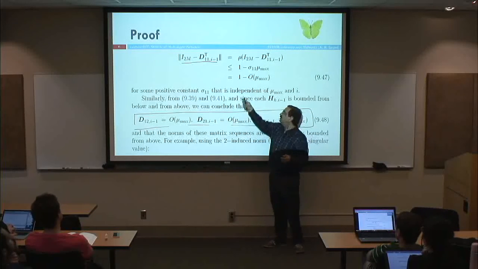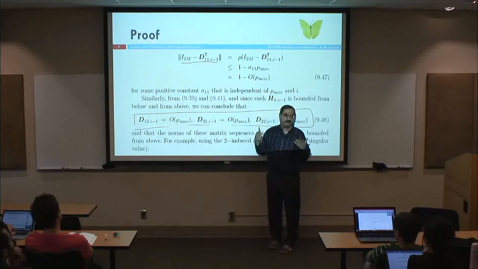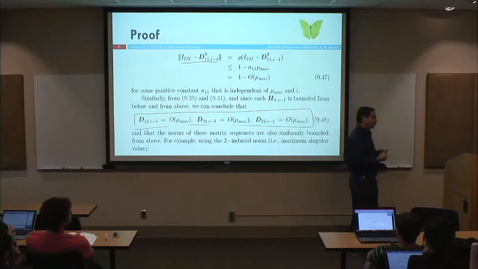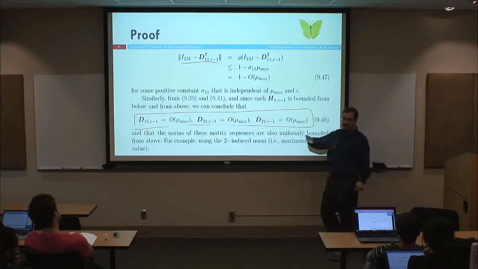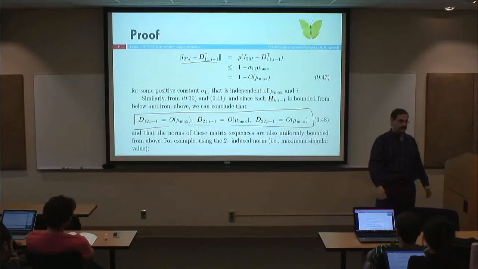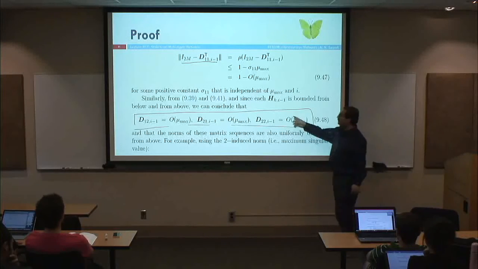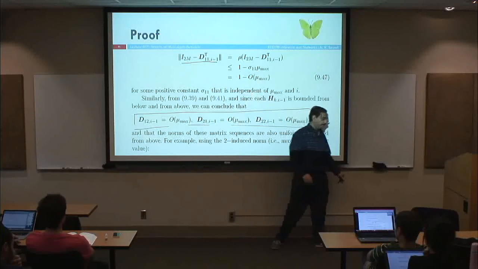I don't really need to know what the constant is here. I just need to know that it is of this form, of this order. But here the underlying assumption is that mu max is sufficiently small. Sufficiently small, always. In all of our derivations, the step size is always assumed to be sufficiently small. It's a positive number, sufficiently small.